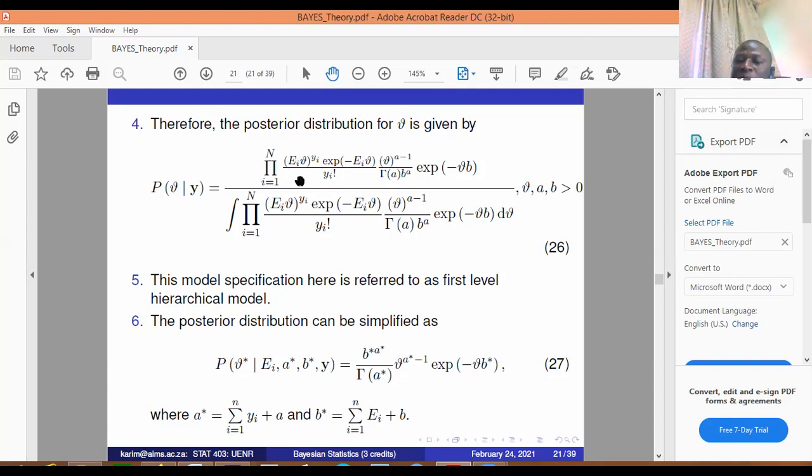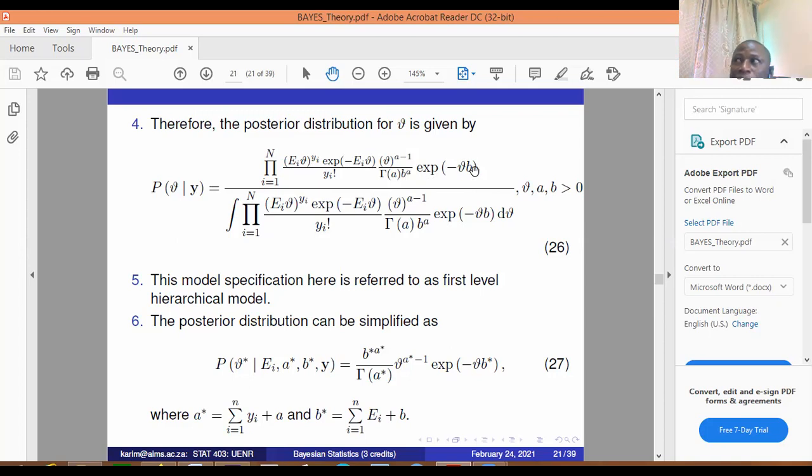So you are going to have theta to the power alpha plus y i minus 1. And then the exponent is going to be exponent minus open bracket of beta plus E times theta.